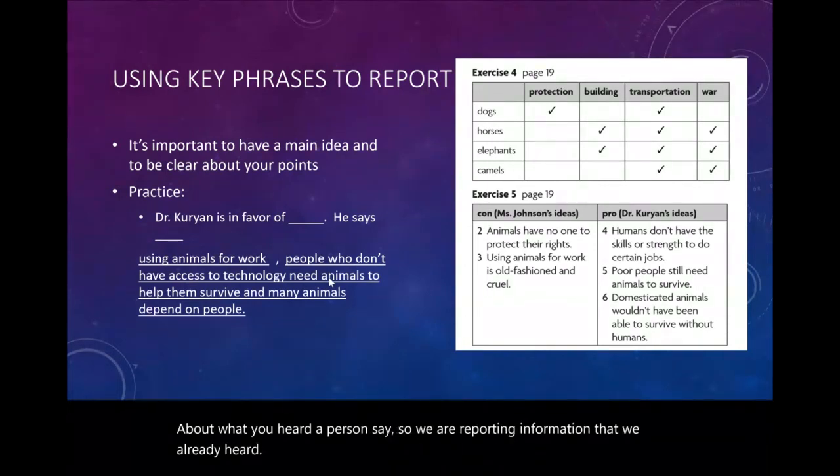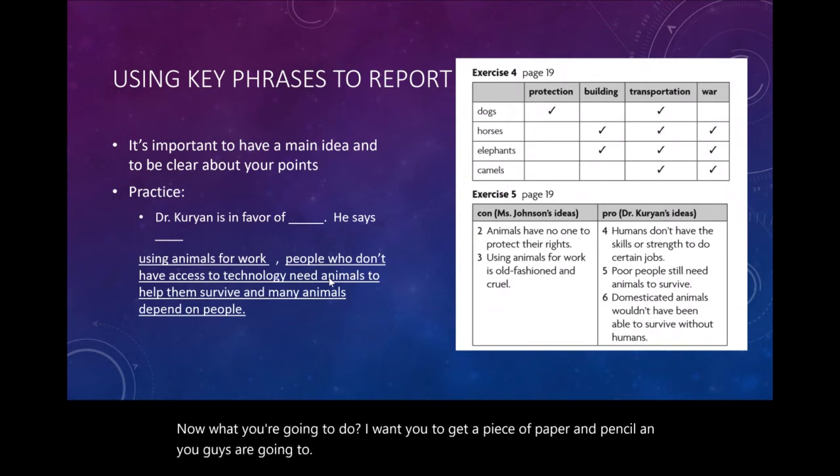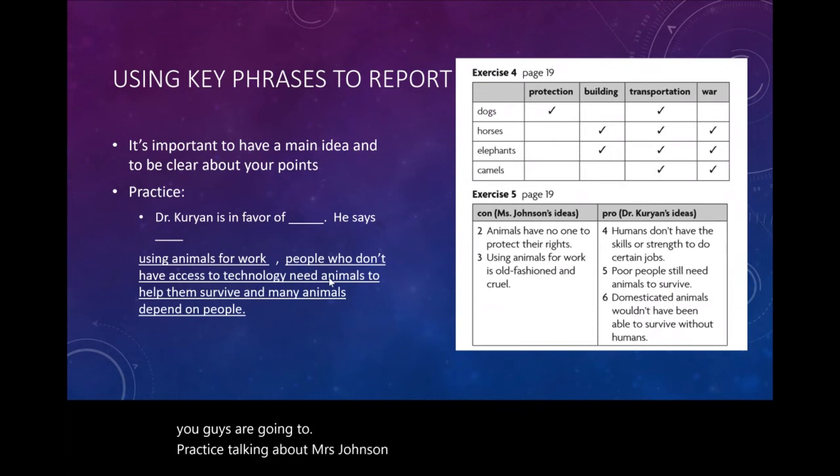So now what you're going to do, I want you to get a piece of paper and pencil, and you guys are going to practice talking about Mrs. Johnson's ideas. Okay, so these are the cons, right? We've got number 2 and 3 on the chart. I want you to write down a main idea sentence and a supporting point sentence.